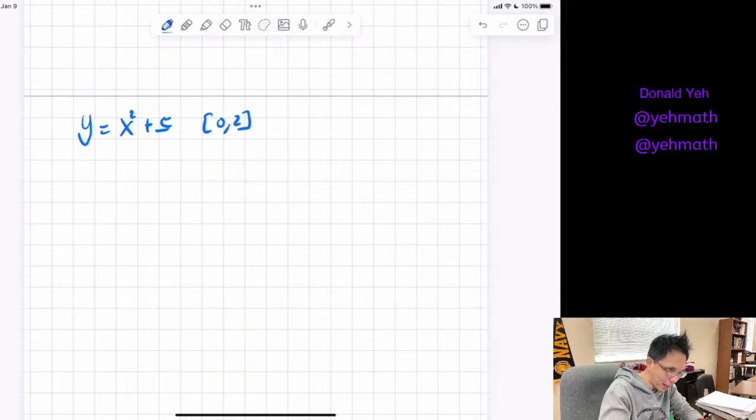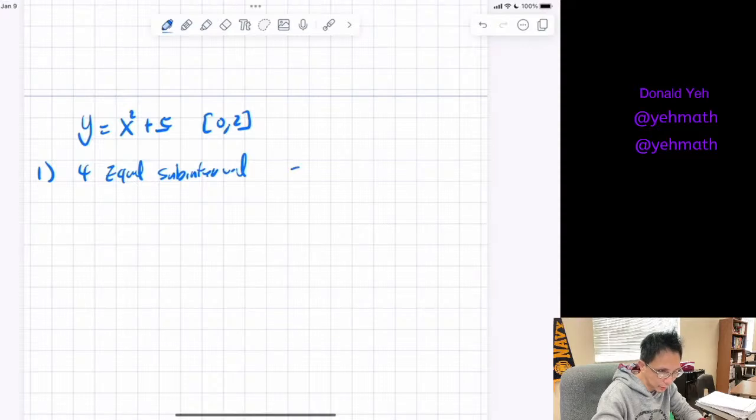So I might ask you 4 equal subintervals with the right, left, trapezoid, and midpoint.